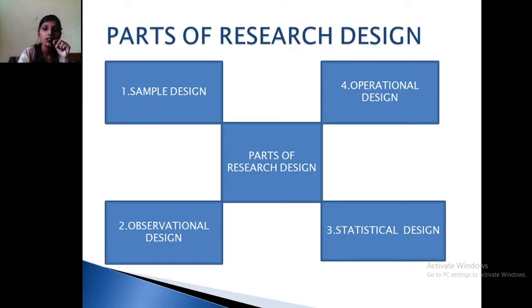The operational design tells about the techniques, that what technique is suitable for the sampling and what technique is suitable for observation and the statistical design. Hence, operational design deals with the techniques by which data is collected and by which data is going to be analyzed.